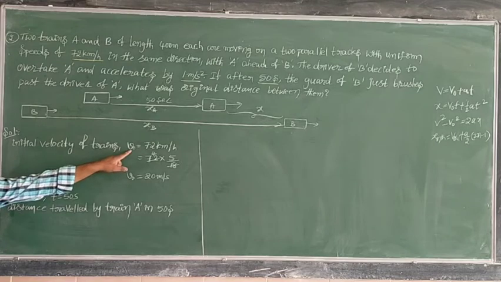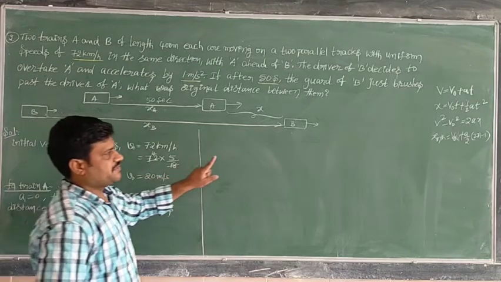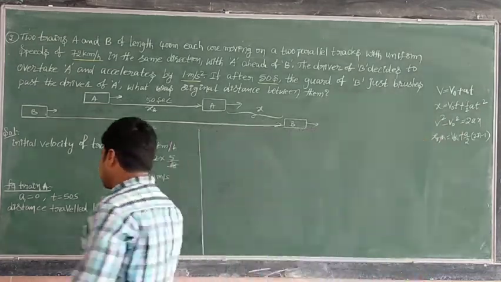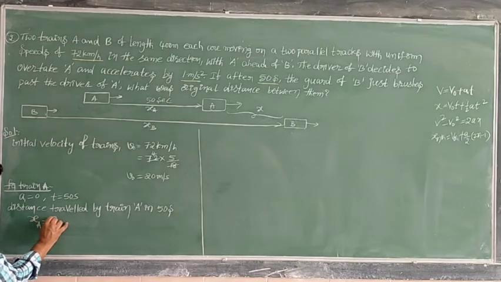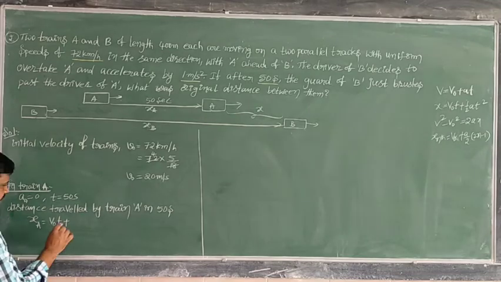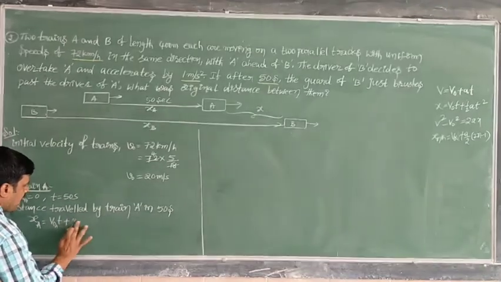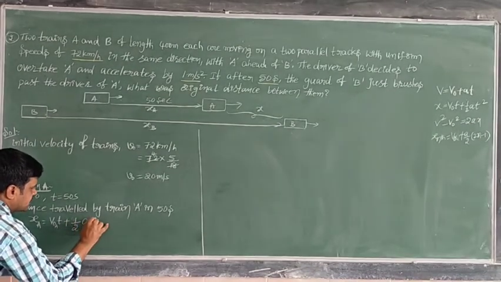So initial velocity is there, time is there, acceleration is there. Which equation do we have to use? The second kinematic equation of motion: XA is equal to V naught A into T plus half A T square.